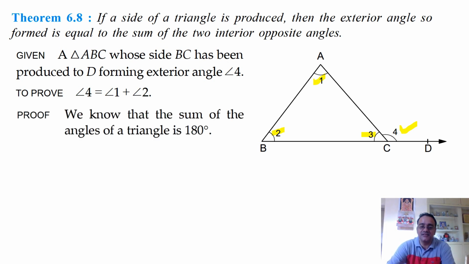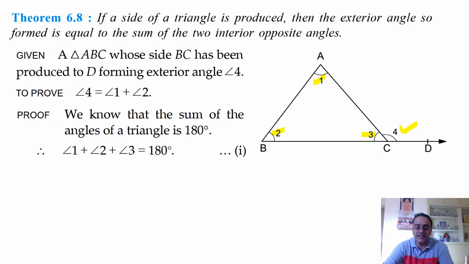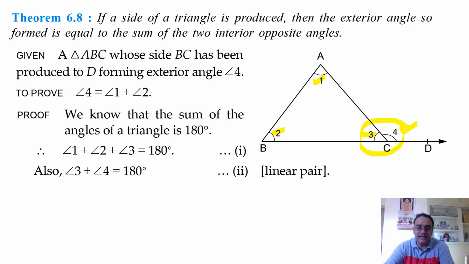That is, we know that the sum of the angles of a triangle is 180 degrees. So angle 1 plus angle 2 plus angle 3 is equal to 180 degrees. Let it be equation number 1. Now the sum of these two angles is also 180 degrees. Why? Linear pair. So angle 3 plus angle 4 is equal to 180 degrees.